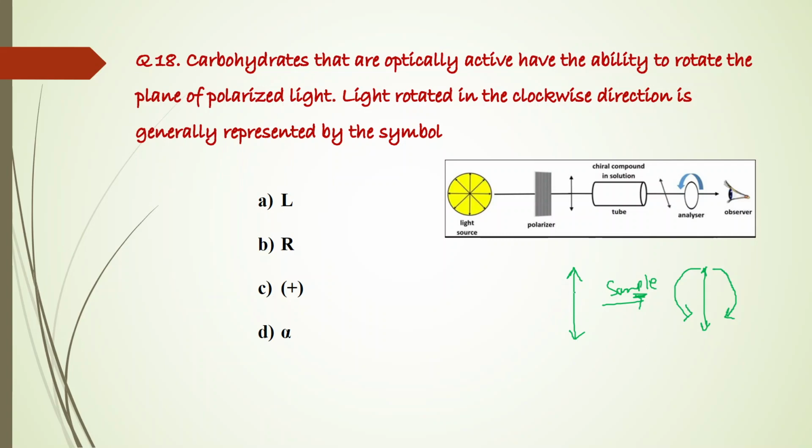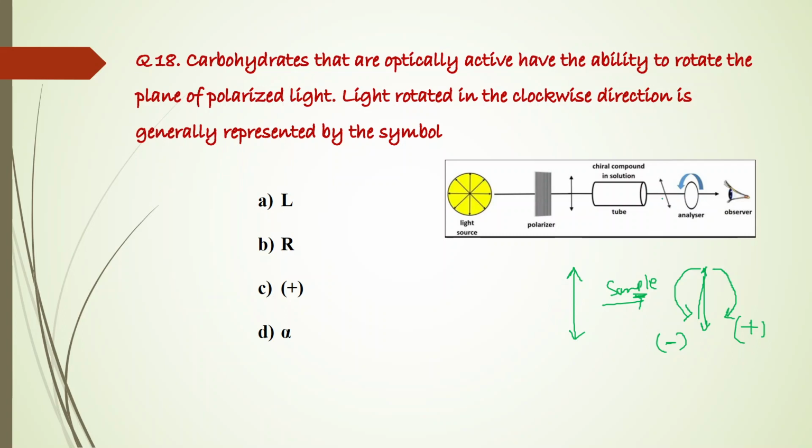So if the deviation happens along the clockwise direction, we denote it as a plus sign. And if the deviation of the plane polarized light happens in the anti-clockwise direction, we symbolize it as a minus sign. You observe this in the polarimeter through the analyzer.